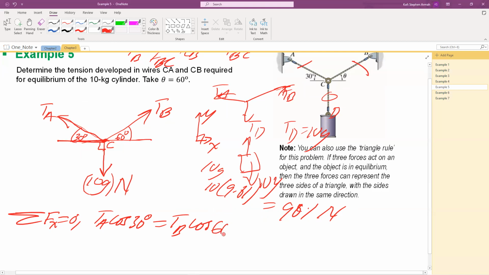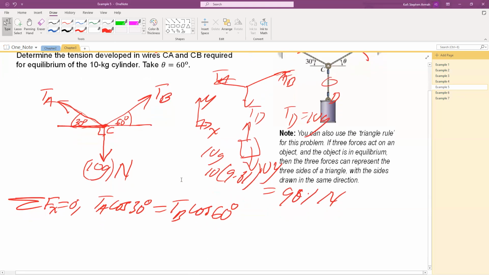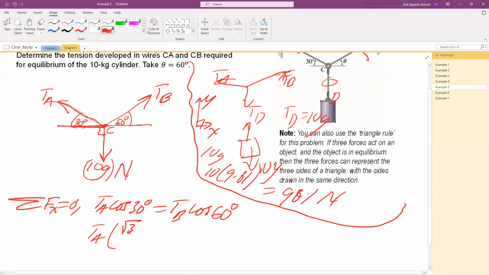This is 60. So you can leave it this way and work in cosine 30 and cosine 60, or you can simplify it in decimal or in exact form. I'm going to work in the exact form. So we have TA cosine 30, which is √3 over 2, and then cosine 60 is half.